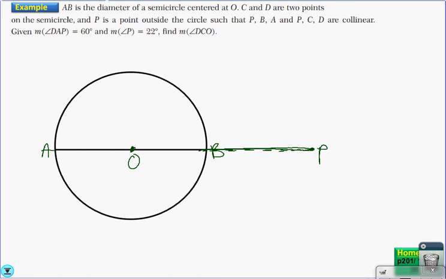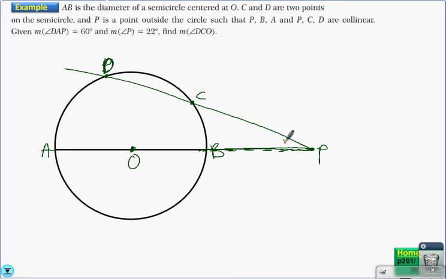So then P, C, D. C and D are 2 points on the semicircle. So if I draw a line cutting this one, C and D are collinear. They are on the same line. This is like the angle from outside.